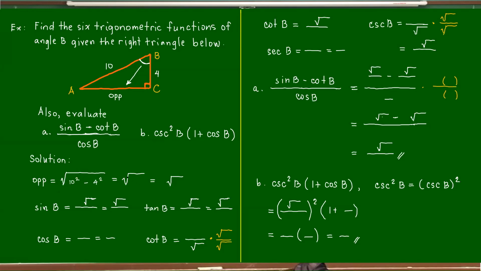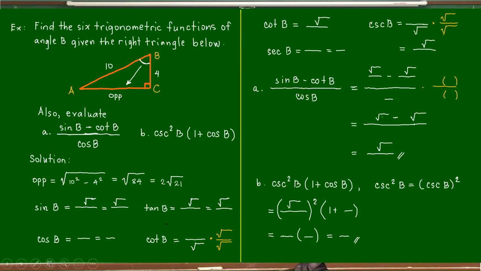So 10 squared minus 4 squared, that is equal to 84. So 100 minus 16 is 84. 84 means 4 times 21, square root of 4 is 2, and the remaining inside the radical is 21. So we get 2 square root of 21 for the opposite side.